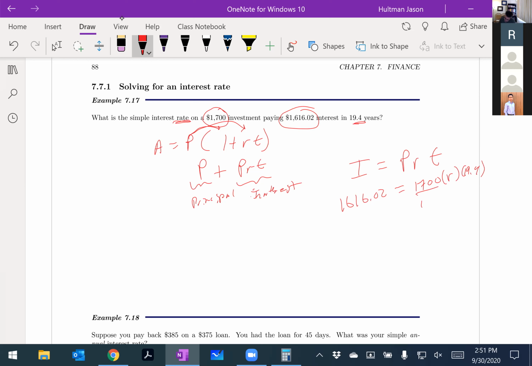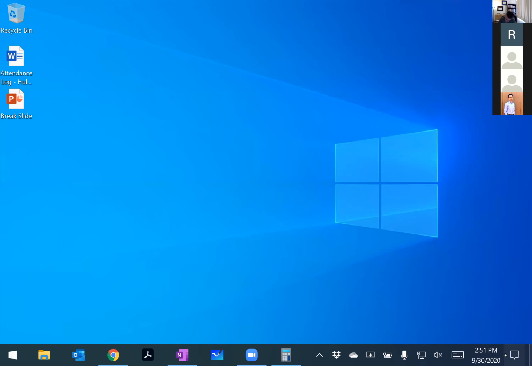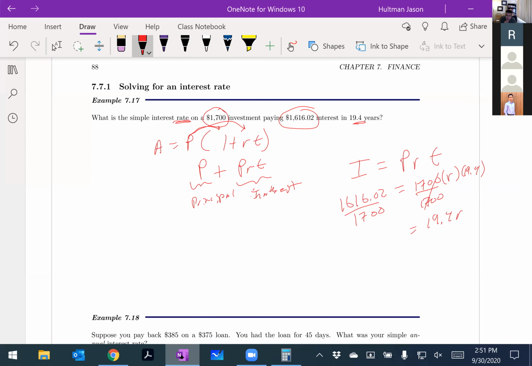So I'm going to divide this by 1,700, and I will get 19.4 R is equal to 1616.02 over 1700. I could divide that whole thing by 19.4, and that'll give me the rate.